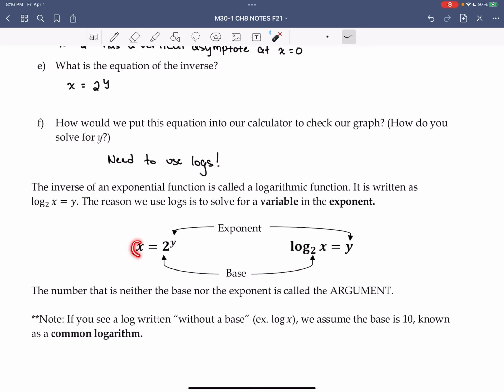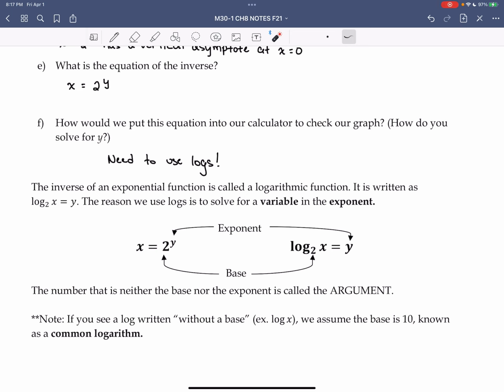The argument, x, in the exponential function is written with the log, so this is said log base 2 of x. And then it equals the exponent. So our exponent was y. The log base 2 of x equals that exponent.